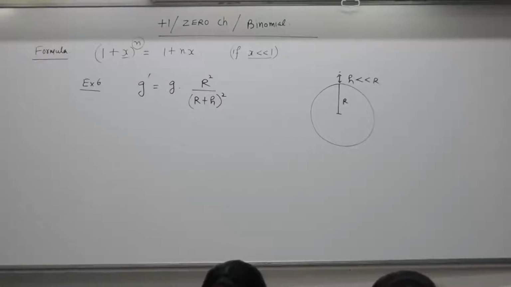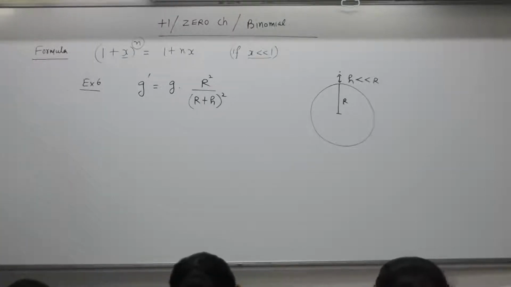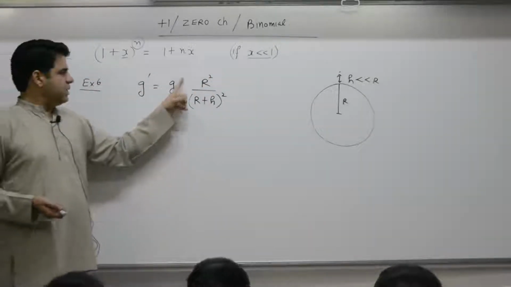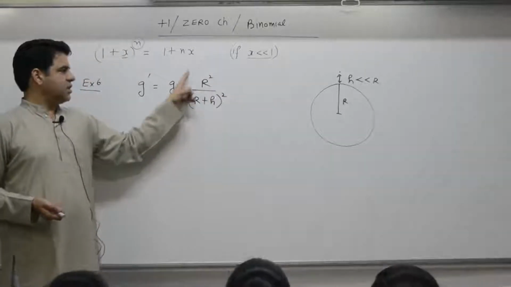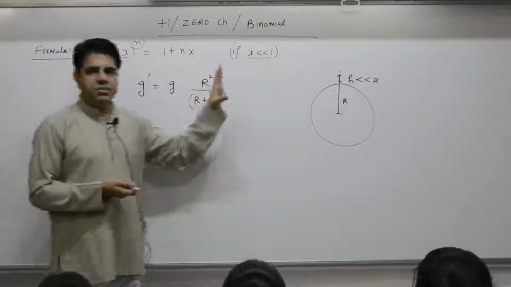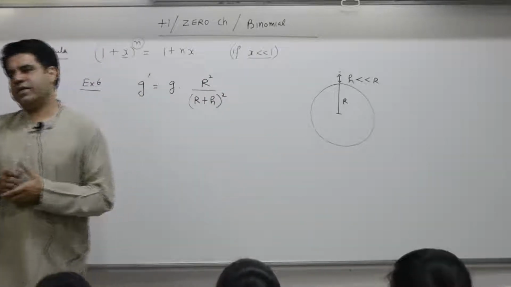You have to find out the approximate value of g dash using binomial theorem. This is exact value. You have to basically solve this expression, to be covered in chapter number 6, but use of binomial we can have it.